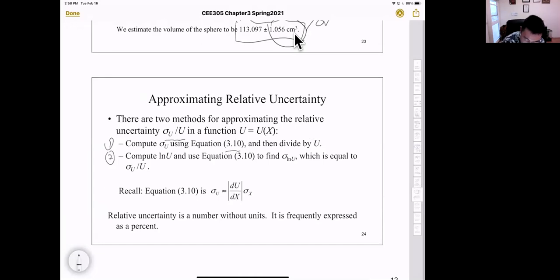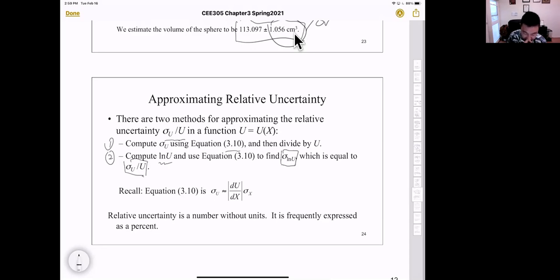Or we could calculate the natural log of u, which is ln u, and then use equation 3.10 to find sigma natural log u, and that is equal to the relative uncertainty.